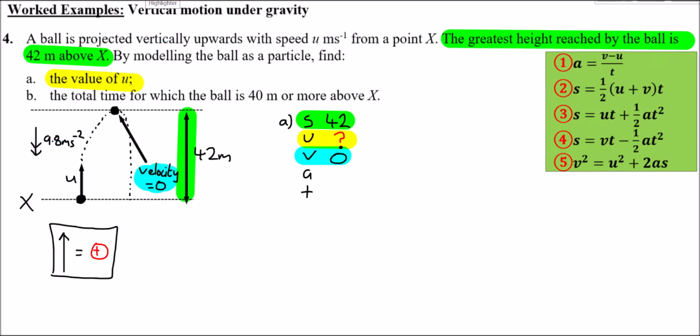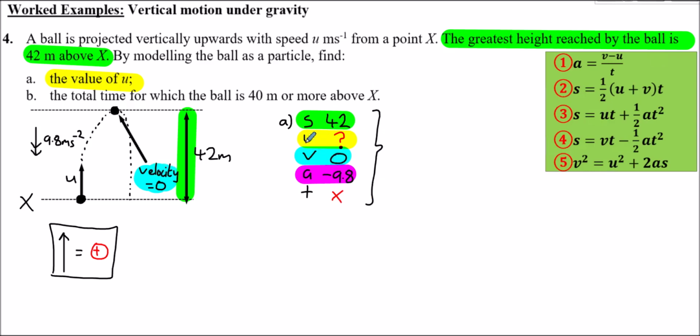The acceleration, because it opposes the initial direction of motion, is minus 9.8. It's acting towards the ground, whereas the initial direction of motion is away from the ground, upwards. Now at this point, we don't have a clue about the time, nor are we asked about the time, so I'm just going to put a cross there, just to let us know that we don't really care about t for this part of the question.